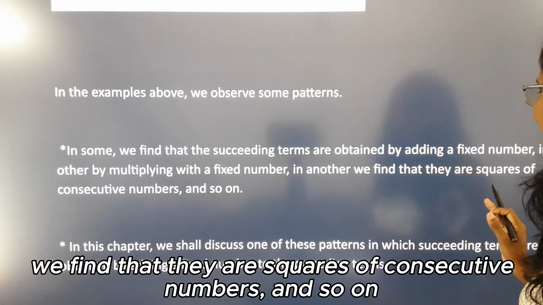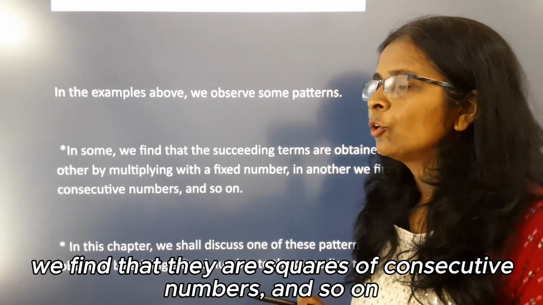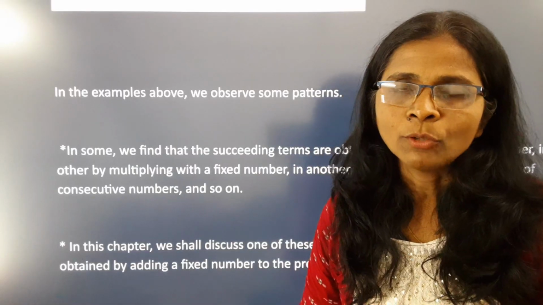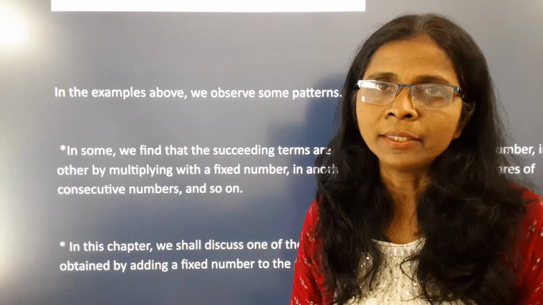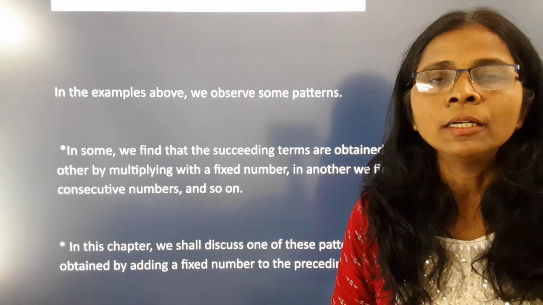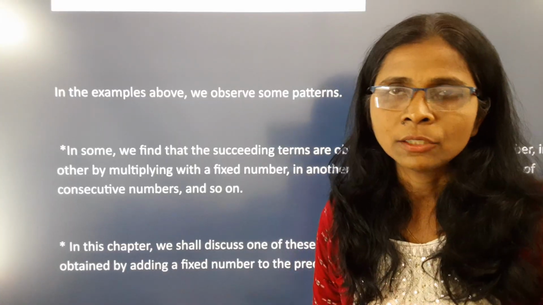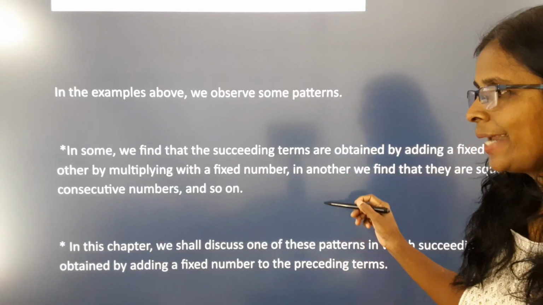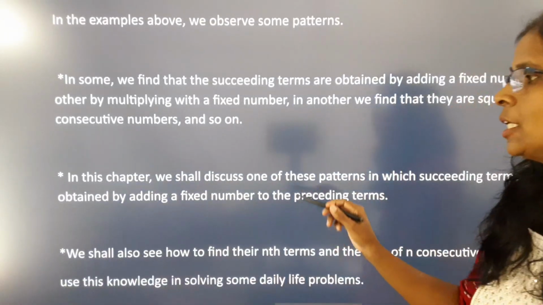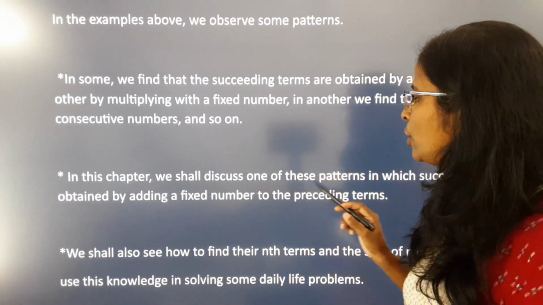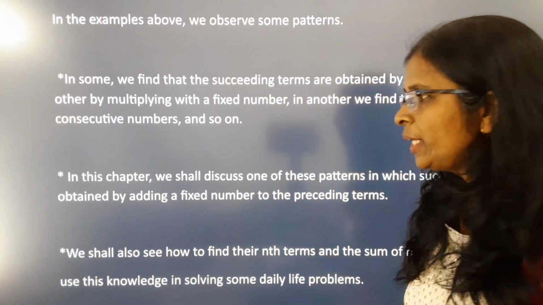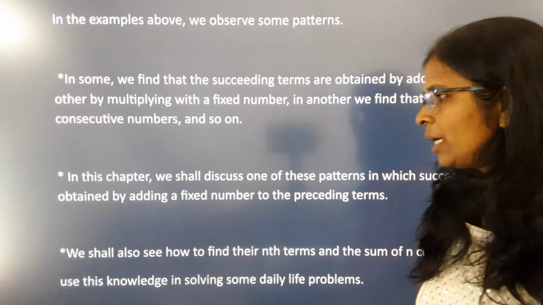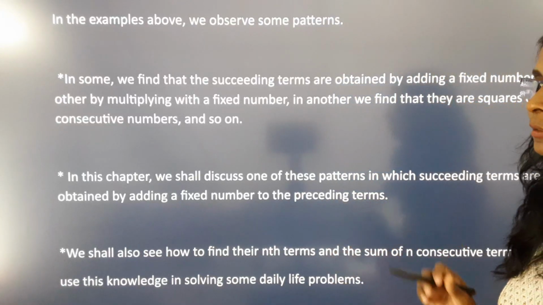So we find that they are squares of consecutive numbers. This way we get a specific pattern in the list of numbers. In this chapter we shall discuss one of these patterns, in which succeeding terms are obtained by adding a fixed number to the preceding terms.